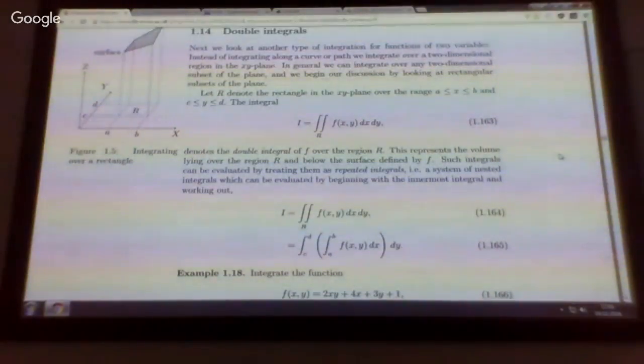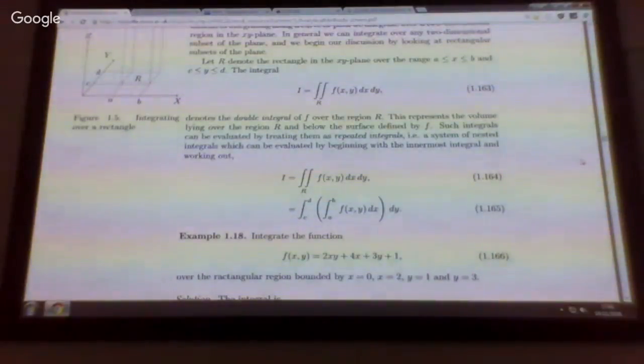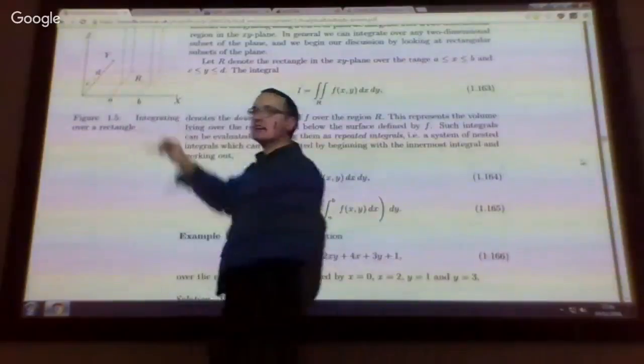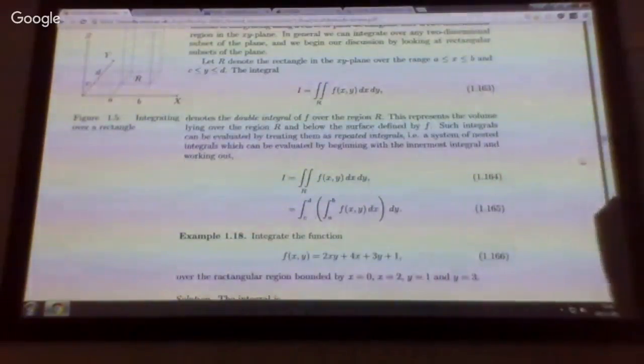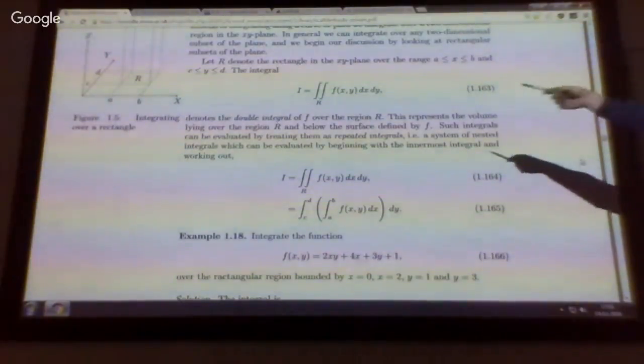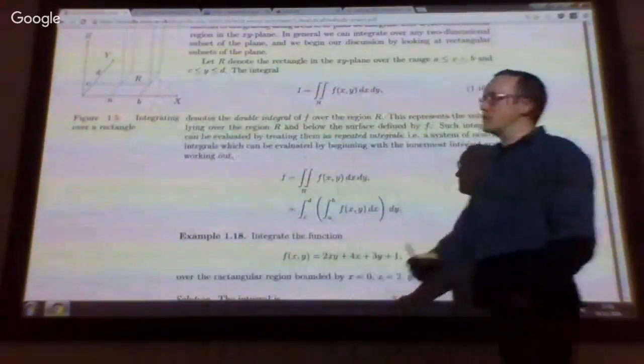Now, the first example of these we looked at was the particularly straightforward example where the region of integration was a rectangle which was aligned with the coordinate axes. Meaning it's a rectangle and two of the sides are parallel to the x-axis, the other two parallel to the y-axis.